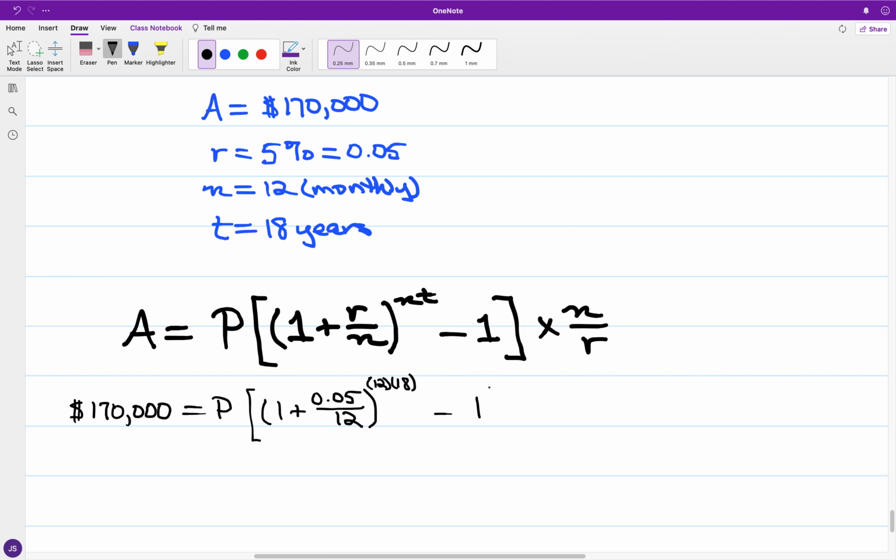We have minus 1. And for N over R, I have times 12 over 0.05.